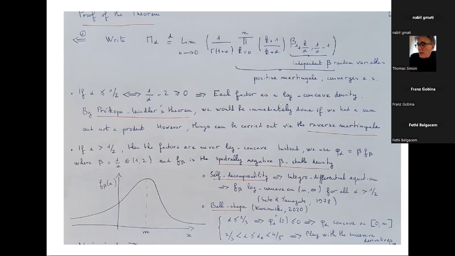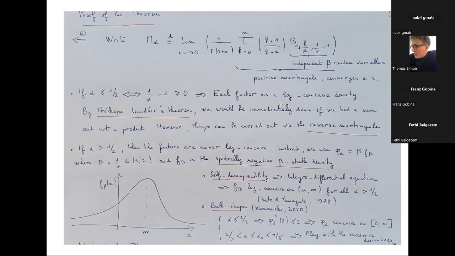If you take alpha greater than 1/2, then you cannot use this argument because all factors do not have a log concave density. So what I use is what I was mentioning at the beginning of the talk: lying behind you have a stable density, a real stable density.